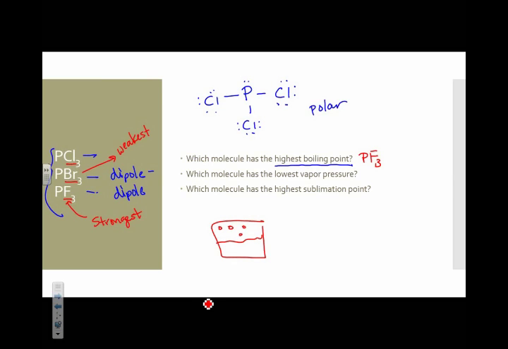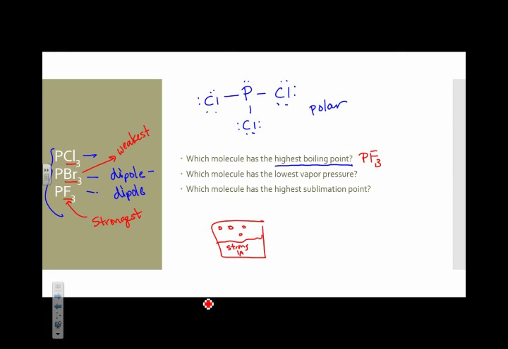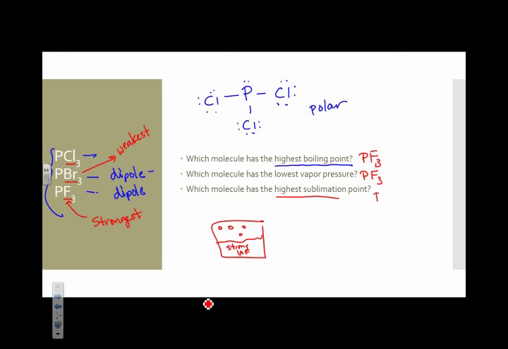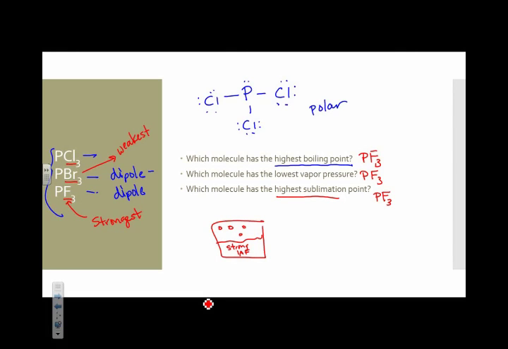We're talking about how many particles are in the gas phase. If you have really strong intermolecular attractive forces down here, you don't get very many molecules in the gas phase, and so you have a low vapor pressure. So our lowest vapor pressure will come from the strongest intermolecular attractive forces, so this is also PF3. And then which molecule has the highest sublimation point? Again, PF3. Hey, it's 3 for 3.